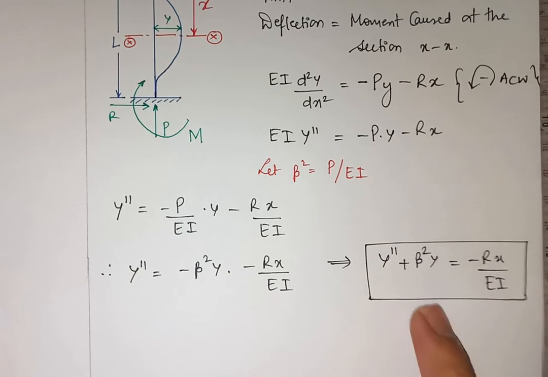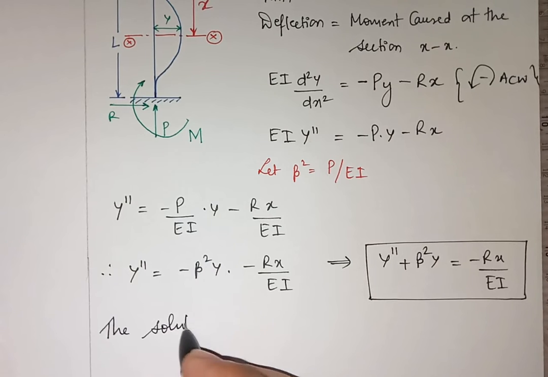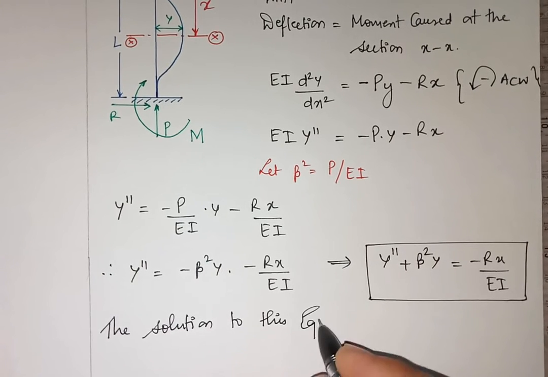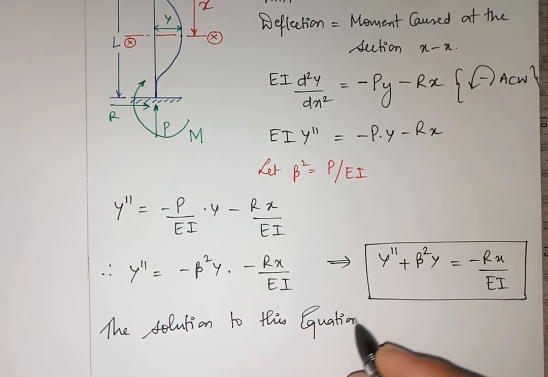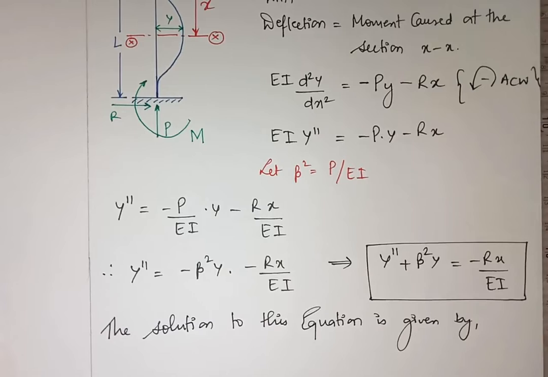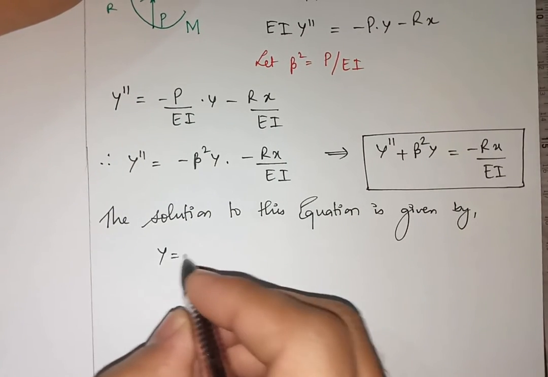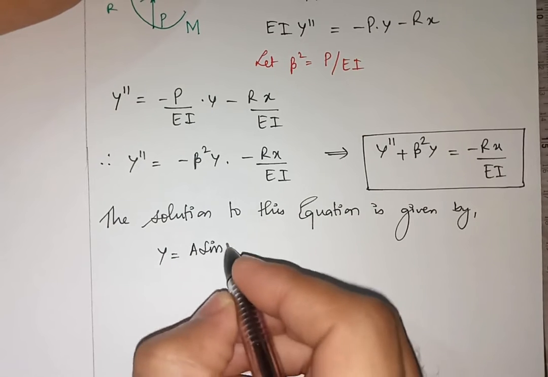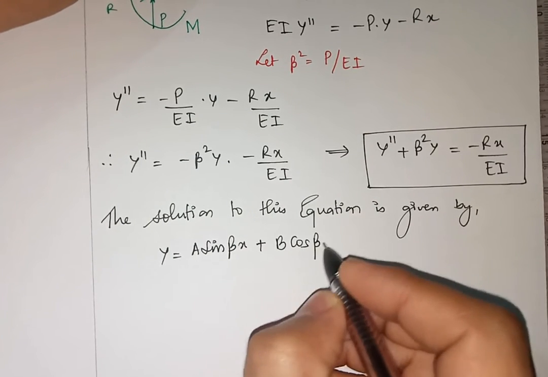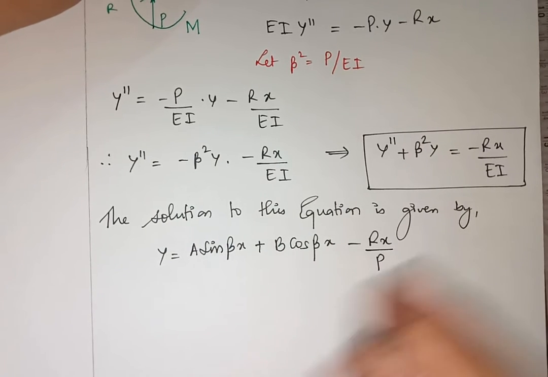The solution to this equation is given by, once again, this solution you need to remember: y is equal to A sine beta x plus B cos beta x minus R into x divided by P.